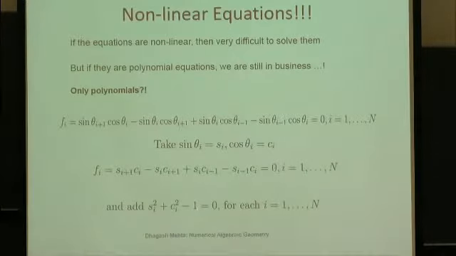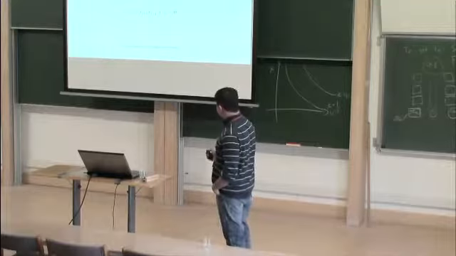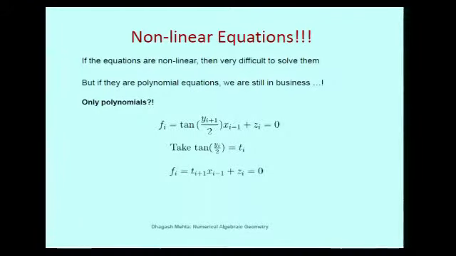So this combined system of equations is polynomial. Similarly, if you have tangent in your equation, then tangent is a naturally algebraic variable. It takes values from minus infinity to infinity, so it can be taken as an algebraic variable.